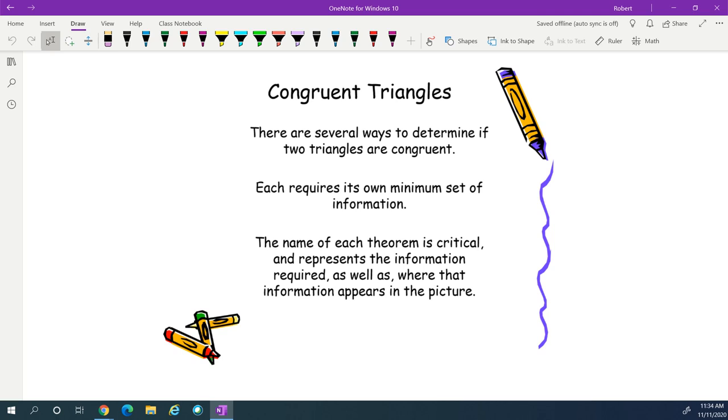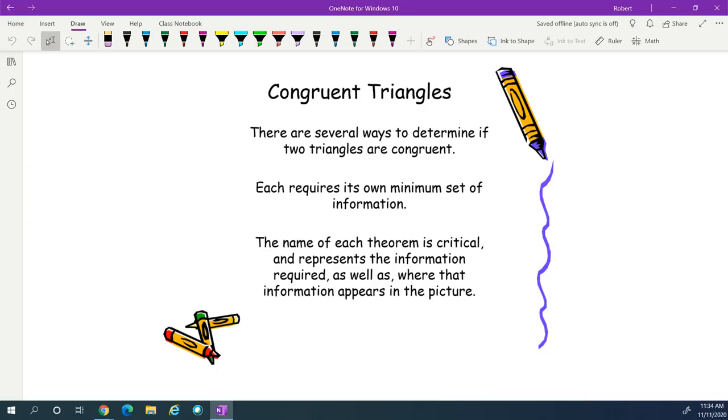In fact, I'm going to show you several ways to determine if triangles are congruent, and each way only requires three pieces of information. Remember, there are six parts, three angles and three sides. In our examples, we only need three of those parts to figure out if the triangles are congruent.